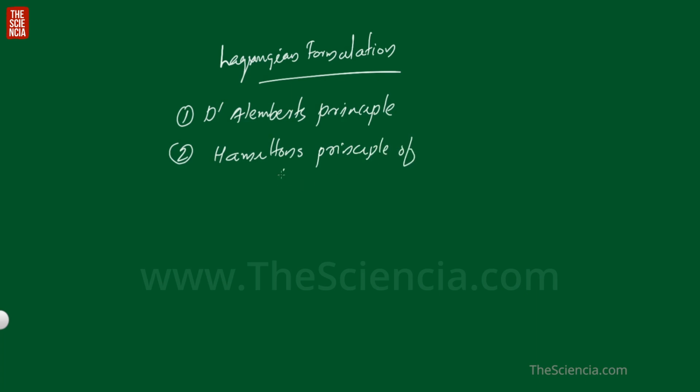One is D'Alembert's Principle and the other one is Hamilton's Principle, Hamilton's Principle of least action. Okay, D'Alembert's Principle is based on some physical ideas, and Hamilton's Principle of least action is based on purely mathematical ideas.